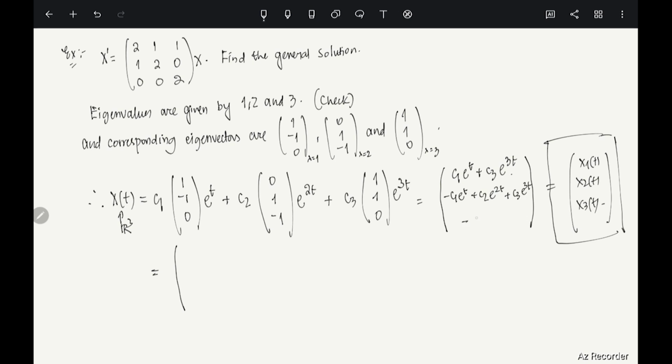Similarly, the third expression is minus c2 times e to the power 2t. So this is the general solution.